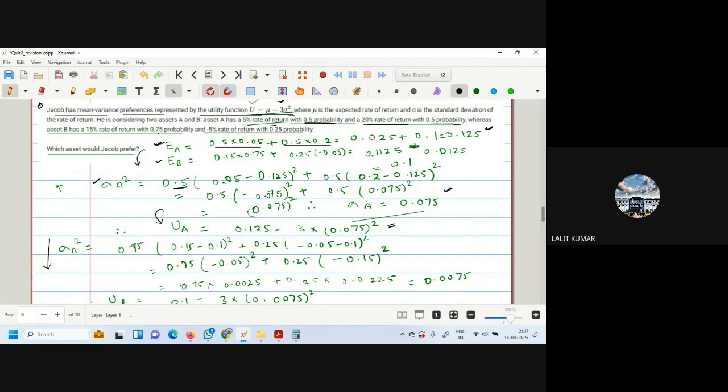We find the expected return for A and B. Now use this expected value and the different scenarios to find the variance. Now we know mu and we have found the variance. Utilize these in the utility function to get the utility of both. And whichever investment gives a better utility, we will go for that.